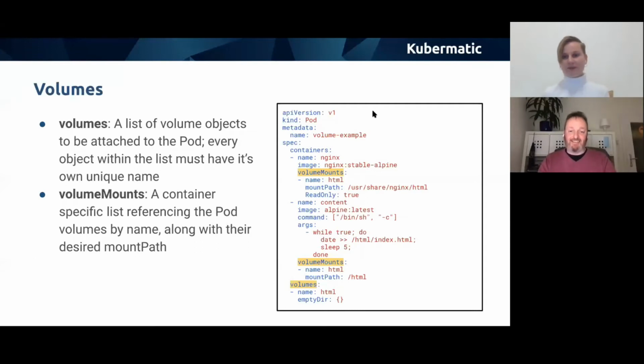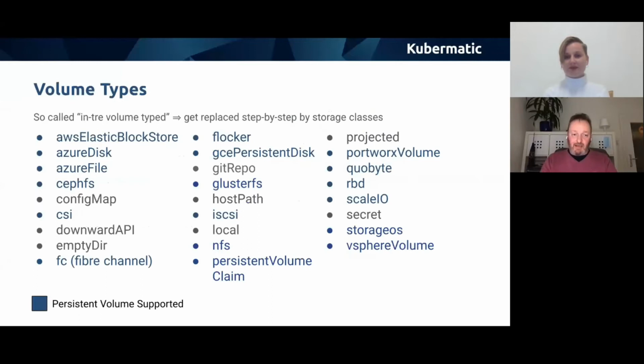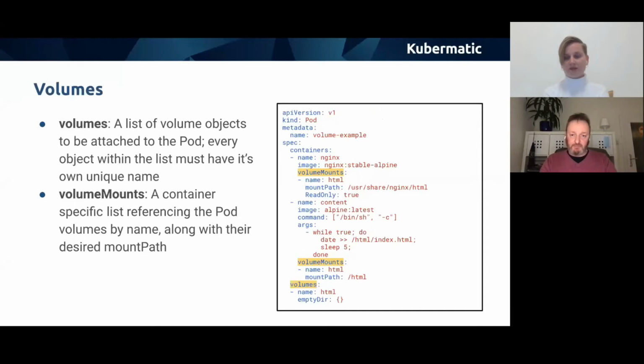So I want to jump back. Besides having one with type emptyDir, you can have others with the type hostPath, or others with the type, let's say, if you're running in Google, the GCE persistent disk. So it's no problem to have multiple of them.